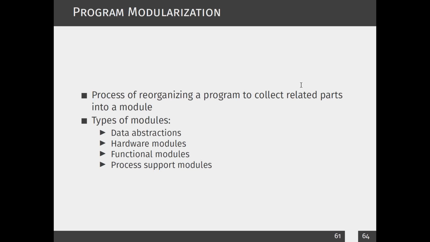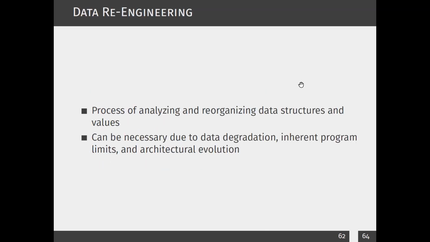Then there is the process of reorganizing a program to collect related parts into modules, like different modules: program modules, data abstractions, hardware modules, functional modules, and process support modules. When you talk about data engineering, it's the process of analyzing and organizing data structures and values. It can be necessary due to data degradation, inherent program limits, and architectural evolution.